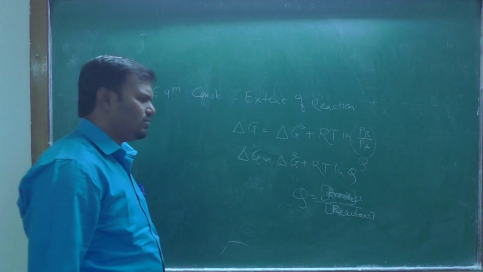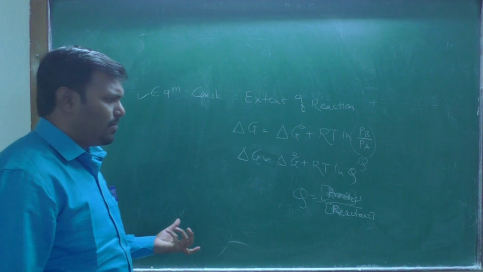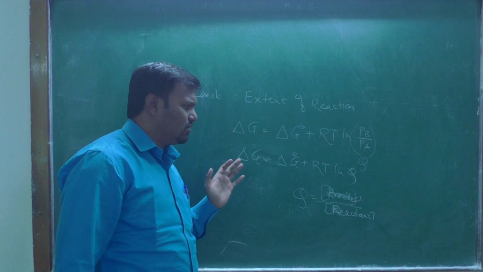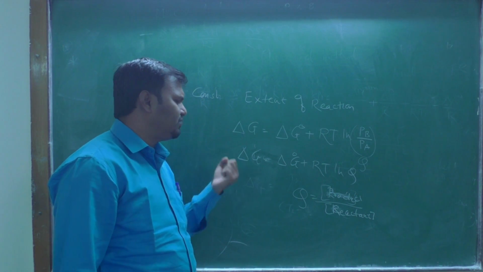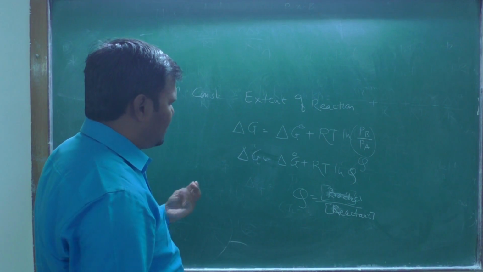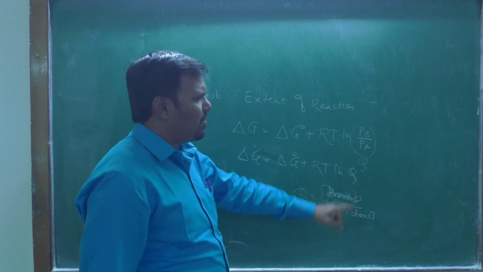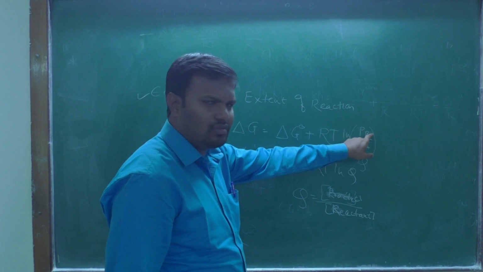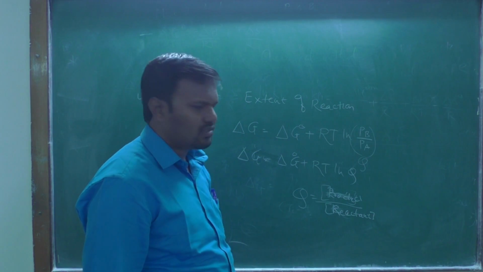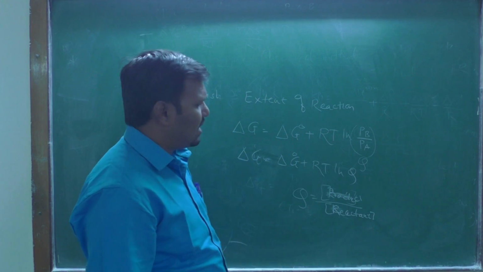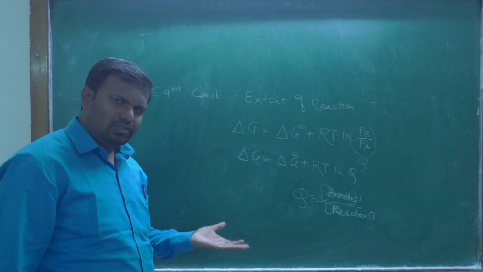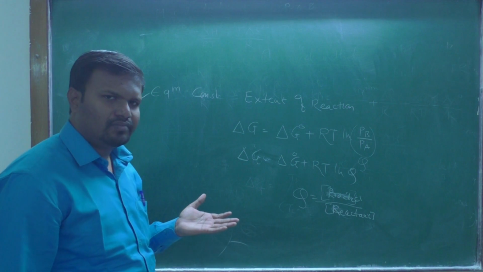Therefore, delta G, the free energy, depends upon the partial pressure of the product and the reactant, or the concentration of product and reactant.